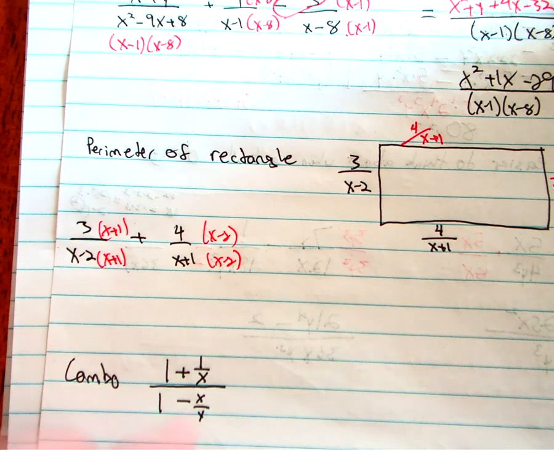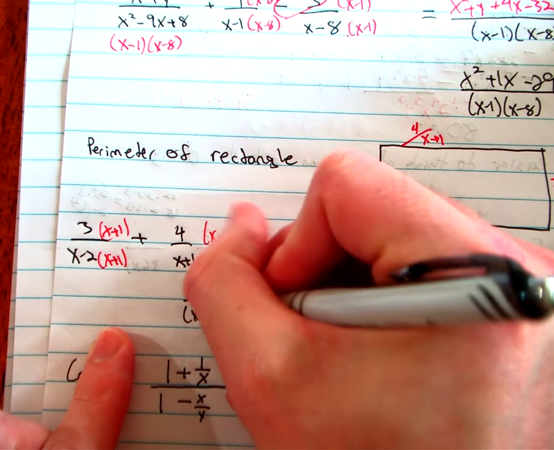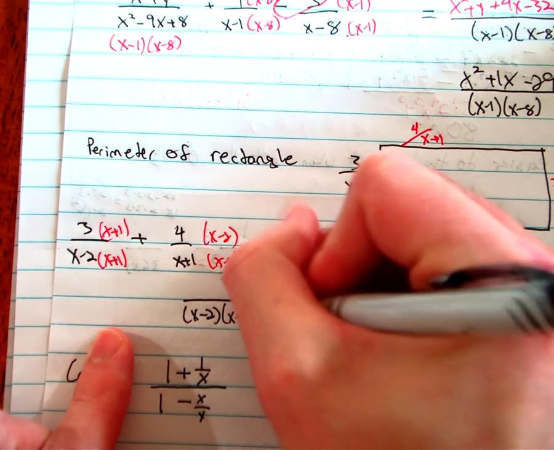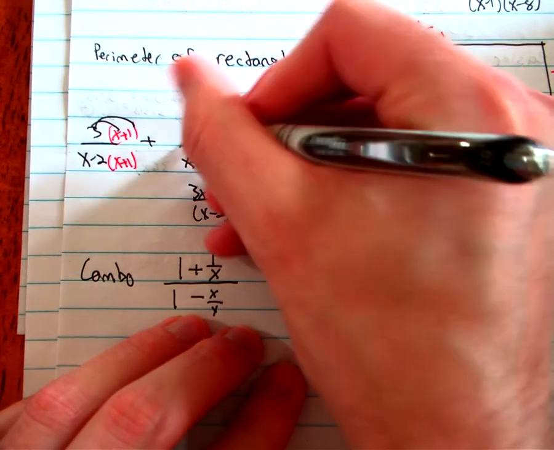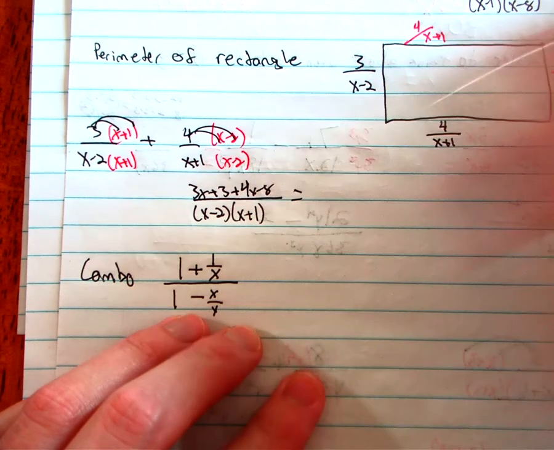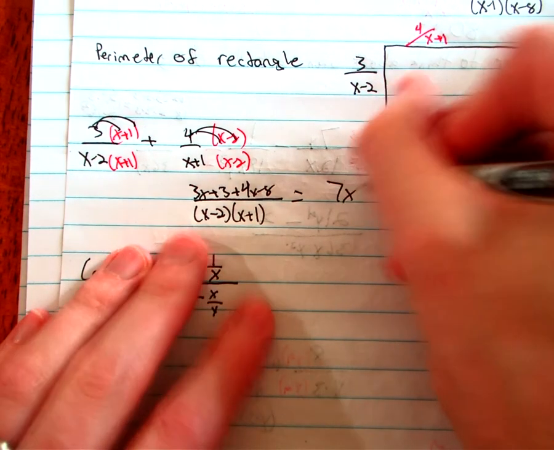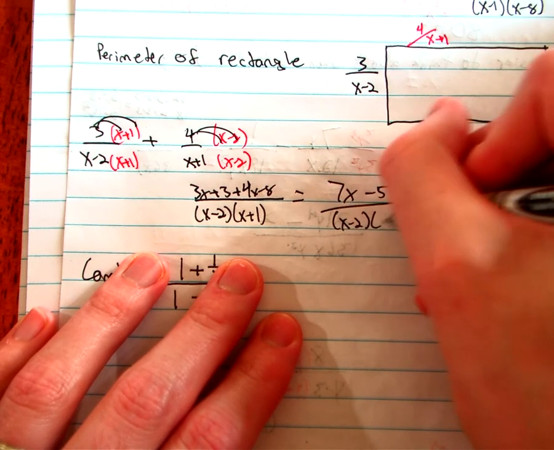Okay, not that bad. So we're all over x minus 2, x plus 1. 3x plus 3, 4x minus 8. Okay, 7x minus 5 over that.